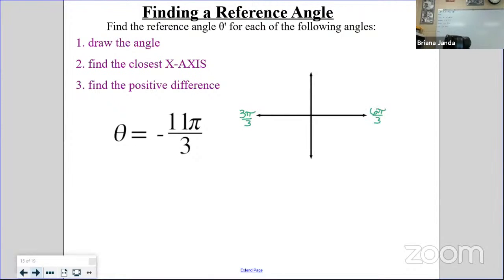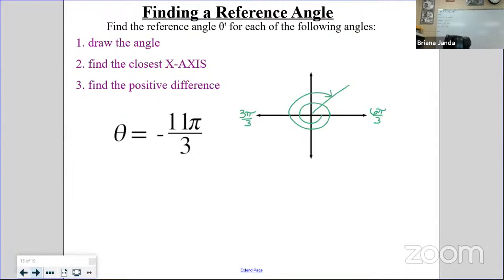Okay, so negative 11π/3, if I go a full circle, I've gone 6, and I'm supposed to go 11, right? So if I go 3 more, half a circle, I'd be at 9. If I went 3 more, I'd be at 12, but I'm only supposed to go 11. So I'm going to stop in quadrant 1.